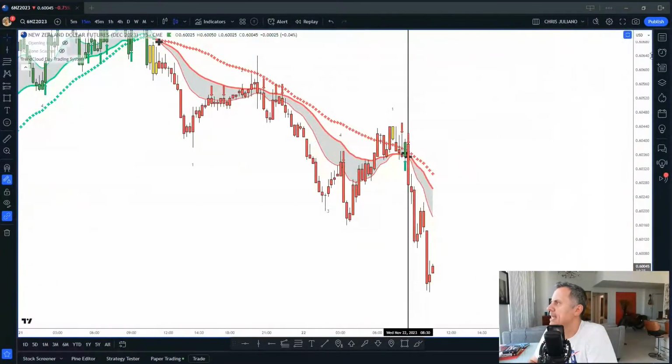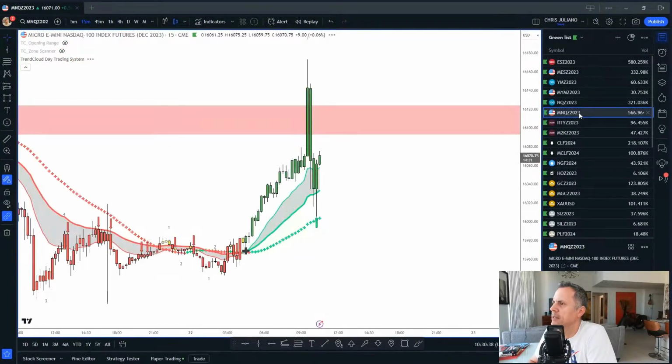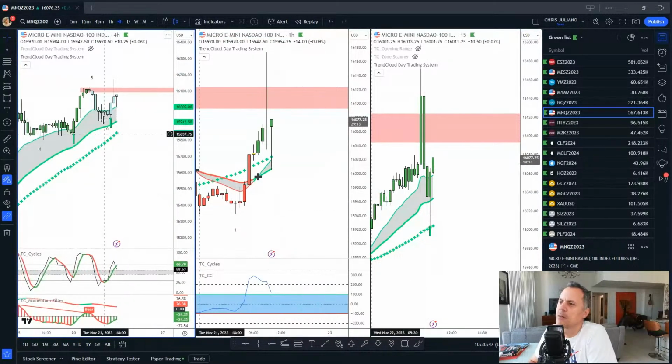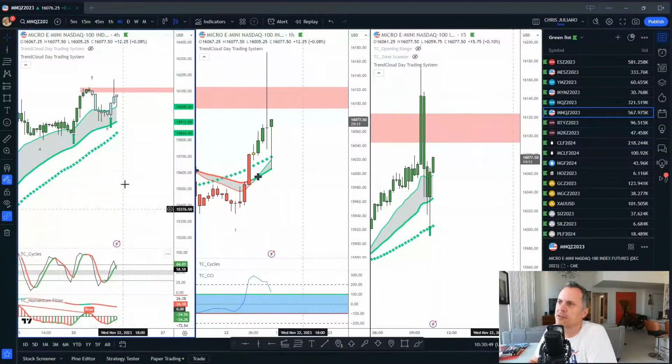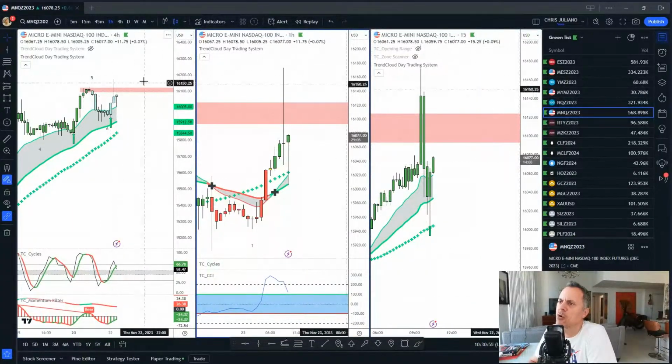Let's go back and check out our equities market here. Nothing triggered. Let's go to the micro NASDAQ. Micro NASDAQ. We're in an uptrend, cycling up, but we're extended, right? So we knew that we wanted to put in that 7th wave.